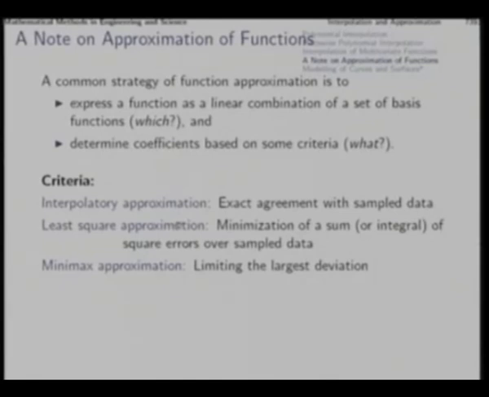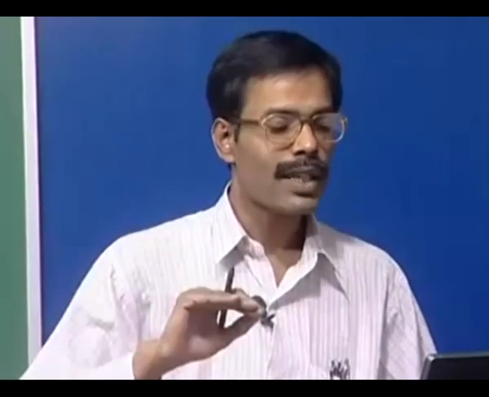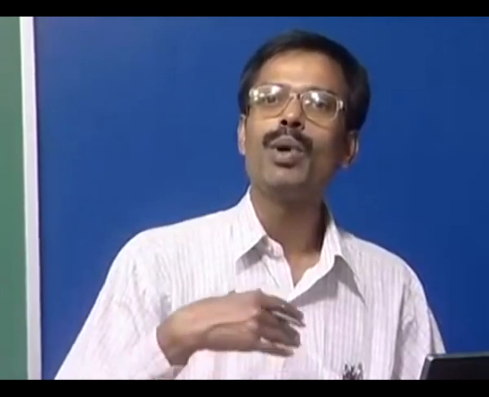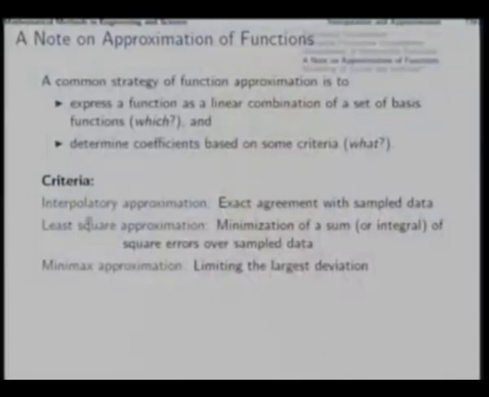We do not mind some errors at the data points, but what we ask for is that the errors all over should be limited. That typically we do when we have superabundance of data, that is more data than necessary to fix the coefficients. In that case, we expect error, and then we say that the error square sum should be minimized. That is the least square approximation.